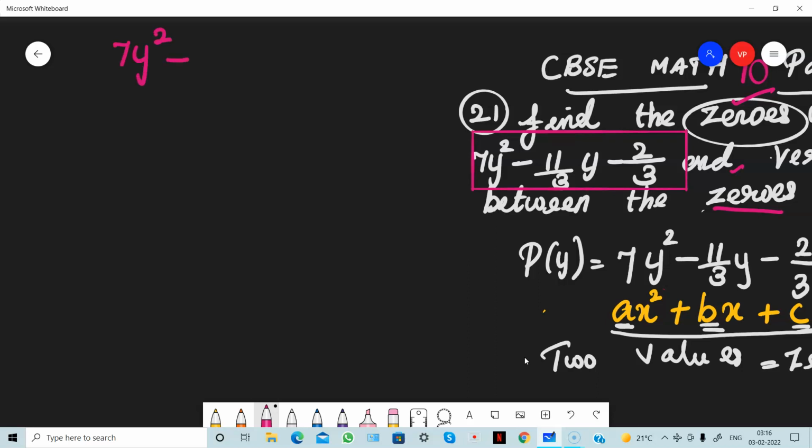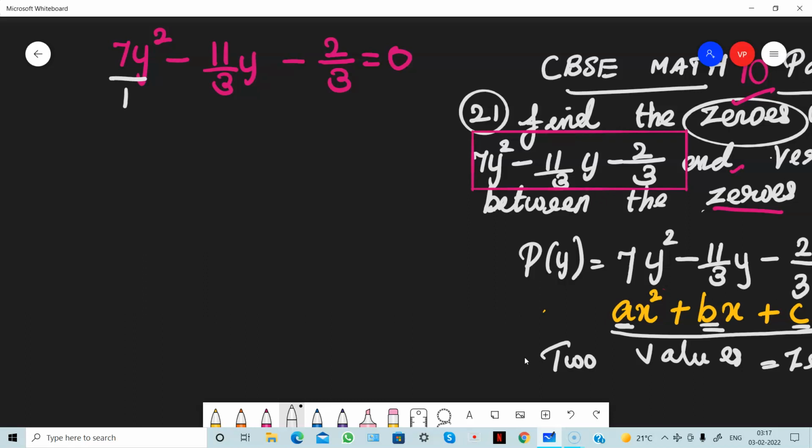See, 7y square minus 11 by 3y minus 2 by 3 equal to 0. So we are going to find the value of y. So you will have 2 values, right? Now look at the denominators. All are different, so we want to make all of them equal.